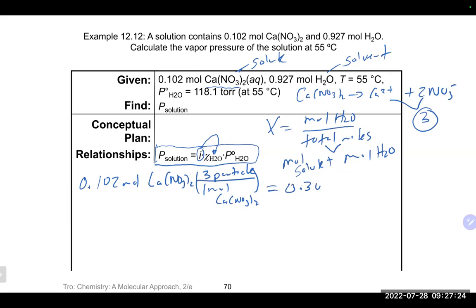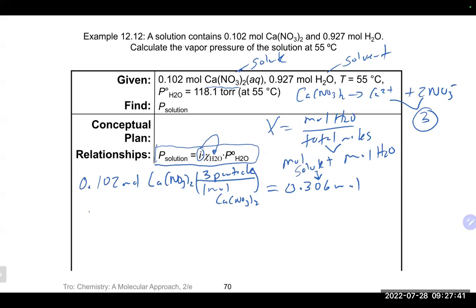Again, on the other colligative properties, you don't have to worry about it. It's really just this one with the mole fraction that you have to do that. So that would be the proper moles of our solute in this case, adjusting it for the factor of 3 because we're going to get 3 particles per formula unit.